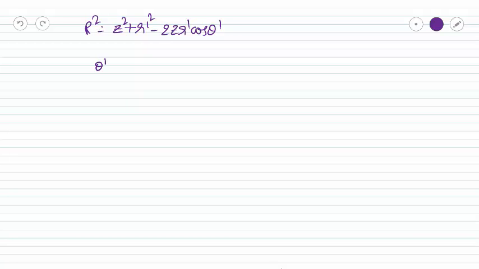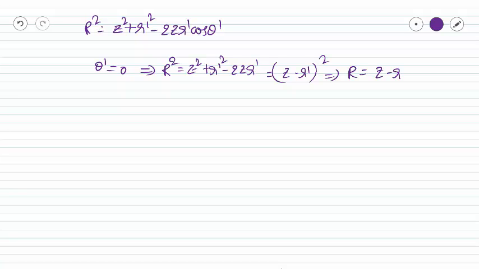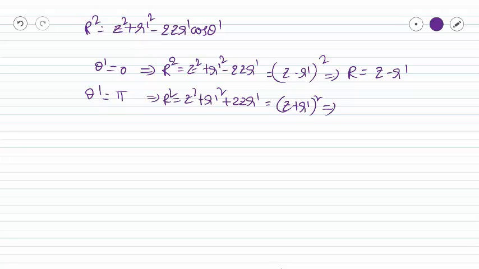Now if theta dash is equal to 0, then r square will become z square plus r dash square minus 2z r dash, which is z minus r dash whole square. That implies r is equal to z minus r dash. Similarly, if theta dash is equal to pi, then r square equals z square plus r dash square plus 2z r dash, which is equal to z plus r dash whole square. That implies, in this case, r is equal to z plus r dash.